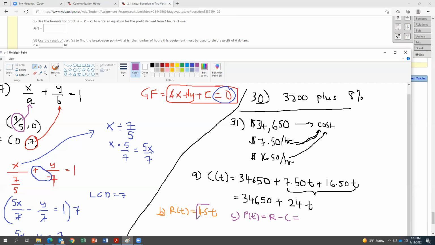So revenue is 45t minus the cost, and this is your cost. Now the reason you need parentheses here is because this minus sign affects both of these terms. Majority of students make mistakes on this question C because they forgot to put parentheses here.